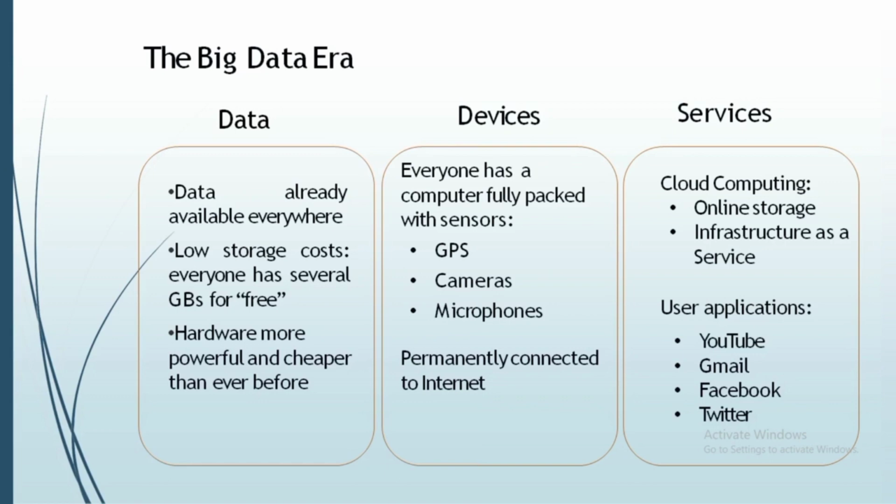Everyone has a computer fully packed with GPS, camera, microphone, etc., permanently connected to the internet. So we have data, and we need devices to store that data along with services. Which services do we need? We need storage and infrastructure, which come under cloud computing.